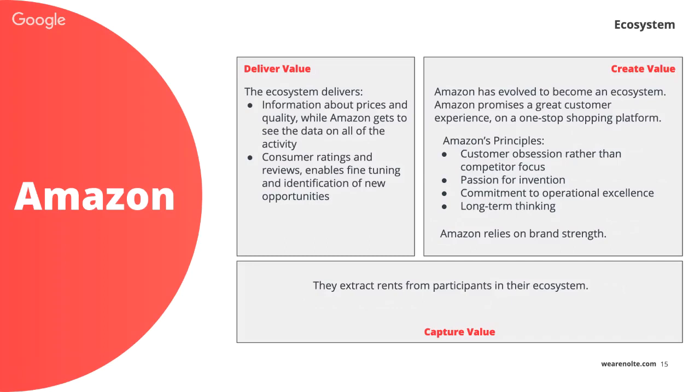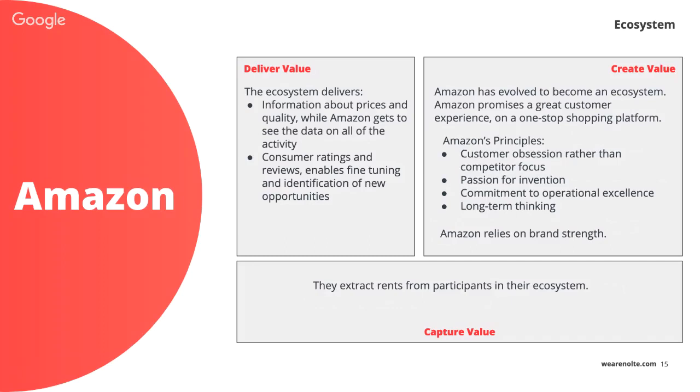Either you want to acquire a server online, or you want to purchase some earphones or whatever you want to purchase, you have one stop. When you think of online purchasing or an online shop, you always think of Amazon, and they benefit from the brand strength that they have acquired through the years.